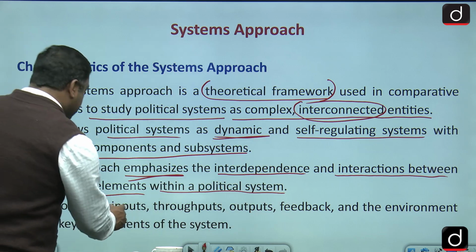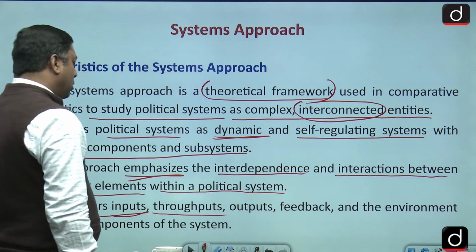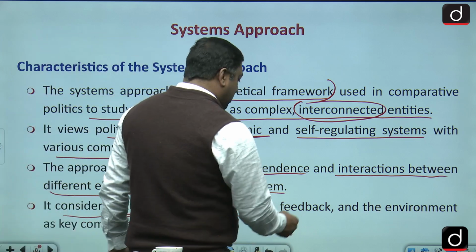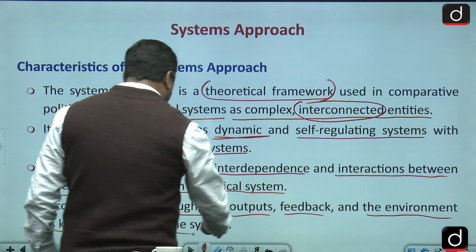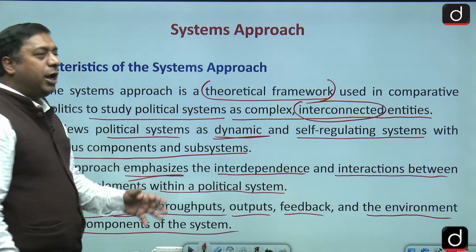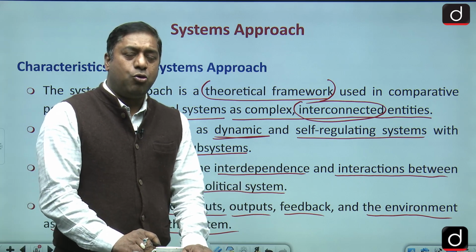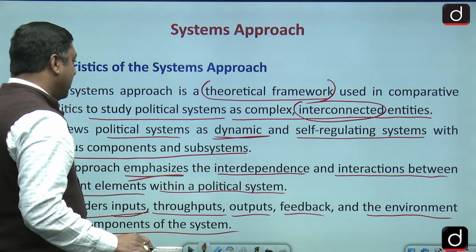And it considers inputs, throughputs, outputs, feedback, and the environment as the key components of the system. So the key components of the system according to the systems approach are input, throughput, output, feedback, and the environment.